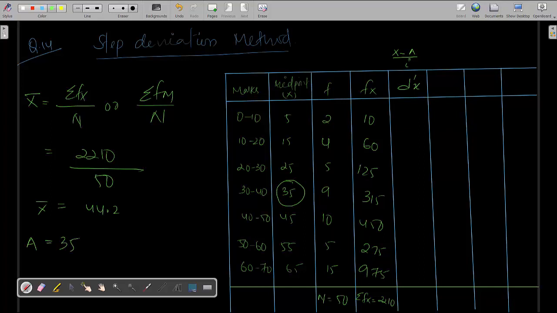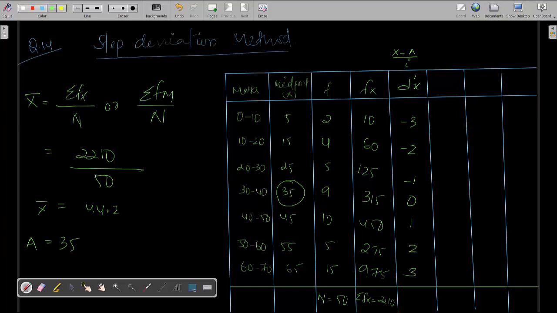Now let's calculate this. The first one, x minus a, that is 5 minus 35, divided by 10. So 5 minus 35 will be minus 30, and minus 30 by 10 will be minus 3. So it is minus 3, minus 2, minus 1, 0, 1, 2, and 3. That's what you will get.